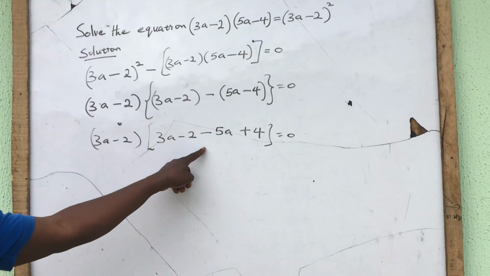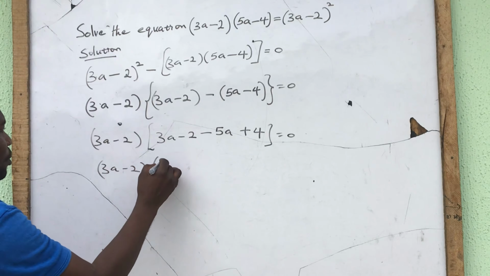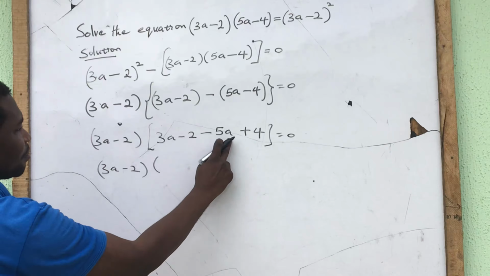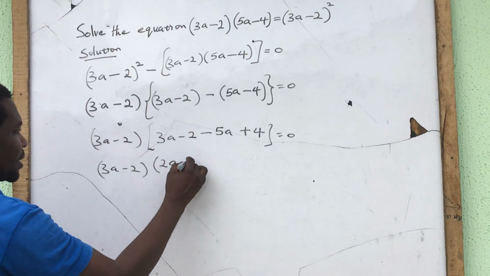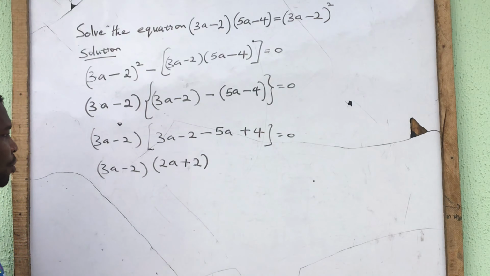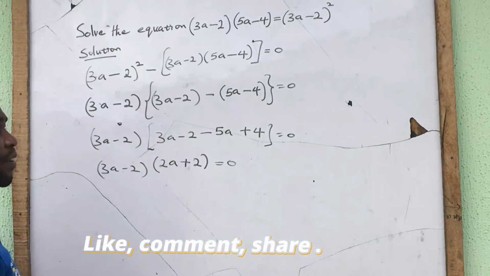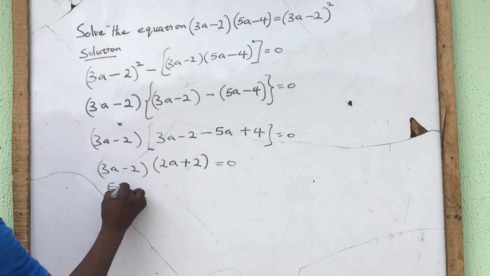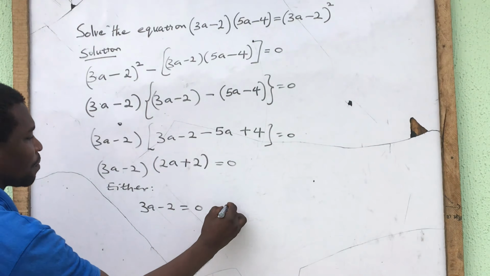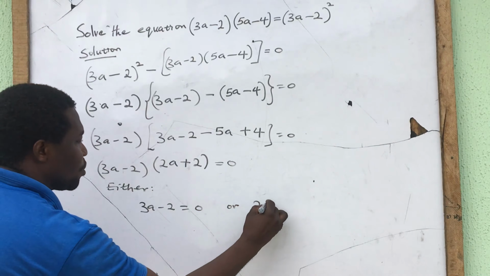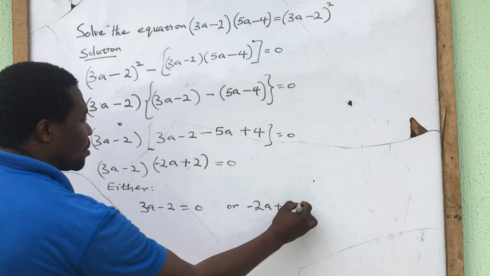So you can rearrange here: (3a minus 2) into, we have 3a minus 5a, that is minus 2a, and minus 2 plus 4, that is plus 2. So we have factorized this equation, equal to 0. To get the value of a, either 3a minus 2 equals 0, or minus 2a plus 2 equals 0.